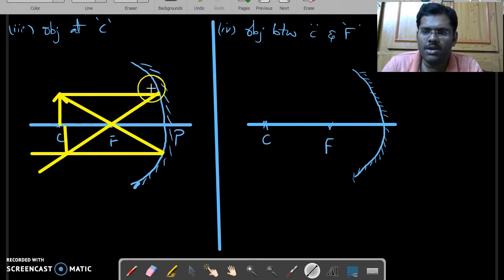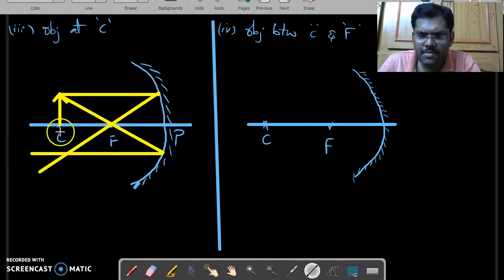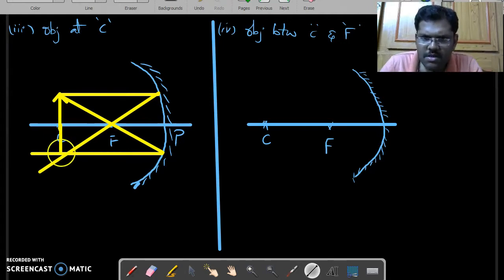But if you have taken the exact curve, then you get the exact intersection at the center of curvature over here. The image will be formed at the center of curvature here.